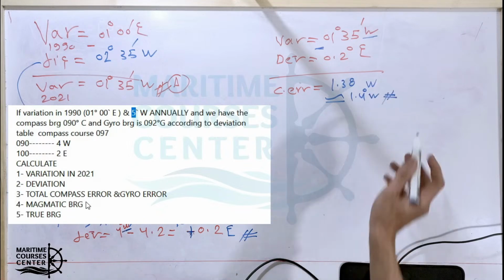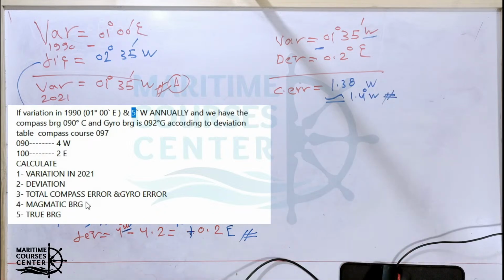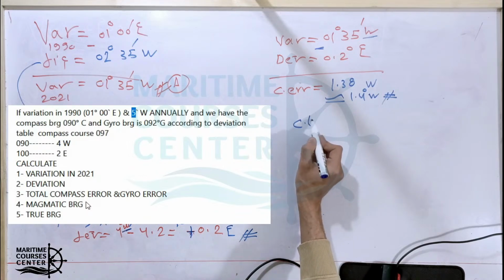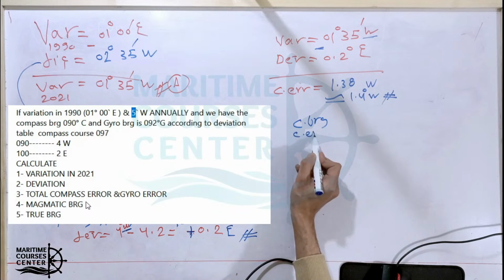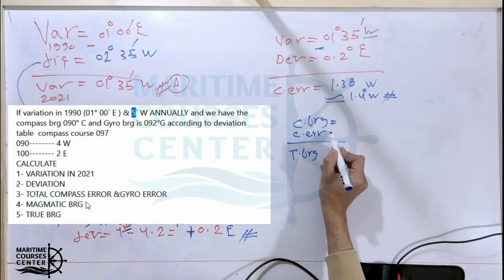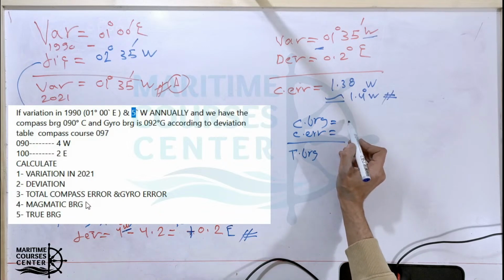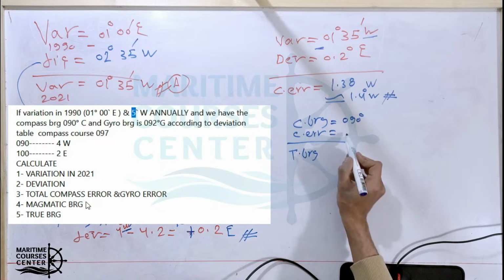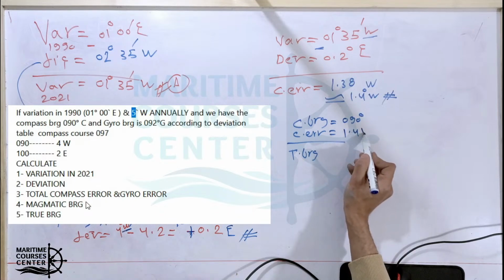Okay, so right now we have calculated this, and we also wanted to calculate the gyro error. We have the compass bearing and we have the compass error, so we're going to calculate the true bearing. Compass bearing is equal to 090, and compass error is equal to 1.4 west.